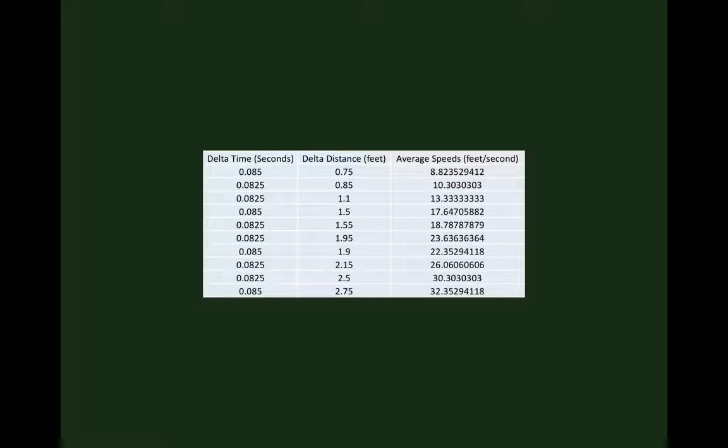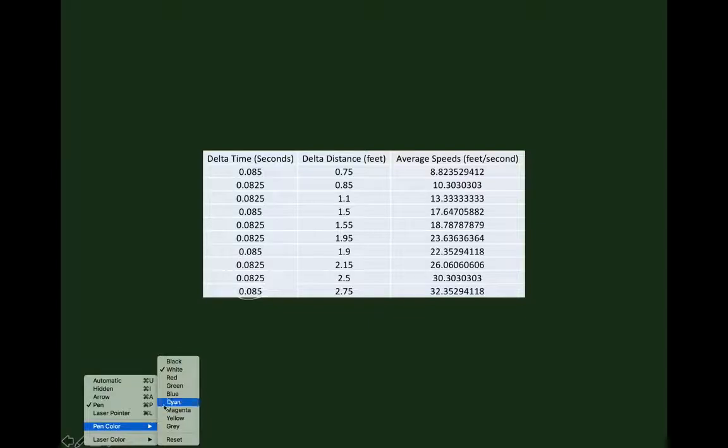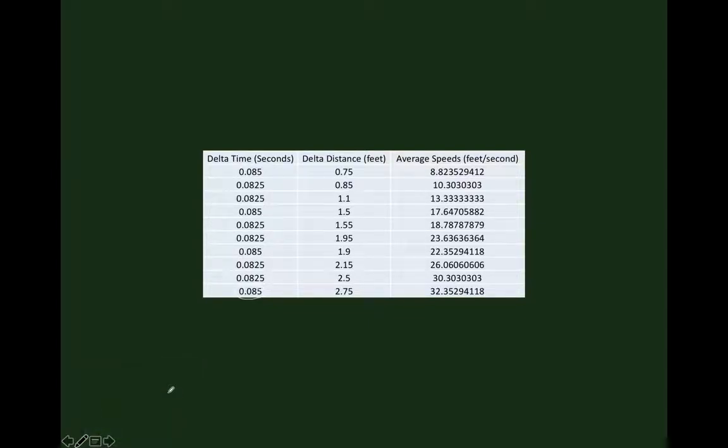So again, that's what I was describing a minute ago: this is a change in time. We would call it delta. Sometimes we refer to change as delta in mathematics and in physics. I want to change the pen color here because we can't quite see what I'm circling.